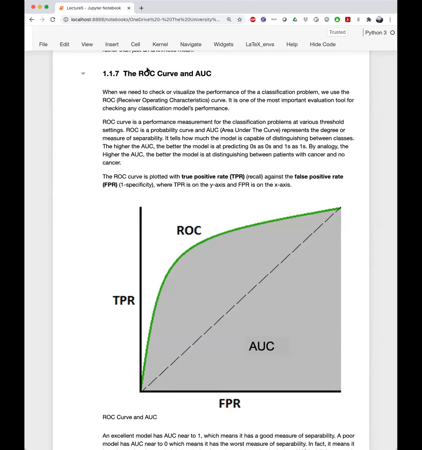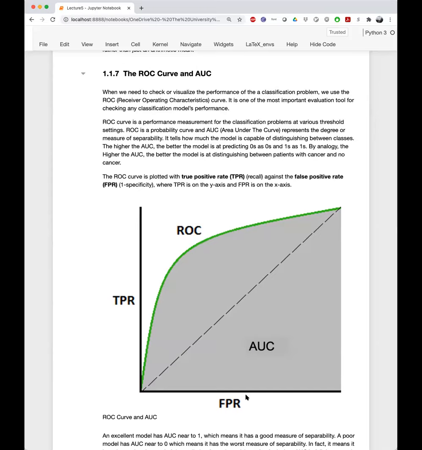First, the ROC curve is actually a plot of TPR, which is the true positive rate. The true positive rate is actually recall. That's the true positive cases divided by all of the actual positive cases. So that's the true positive rate, that's recall, plotted against the false positive rate.